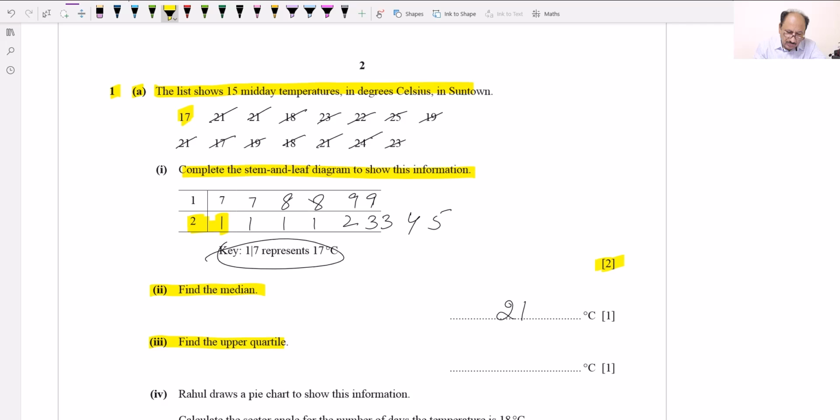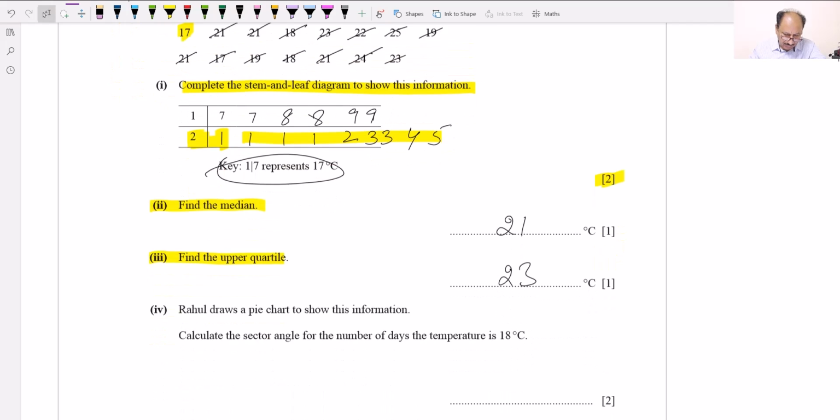Or what we can do, there are 15 values, so the 7th is gone, these are the remaining values, so we need to check the middle of these remaining values. That will be the upper quartile, and the upper quartile will be 23. We can write here 23 as the upper quartile.